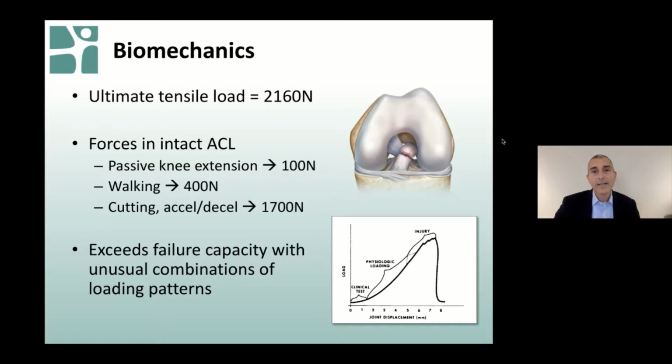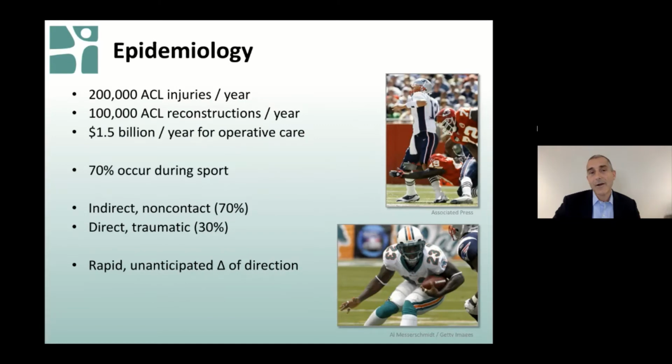But it's with cutting activities and those that require rapid acceleration and deceleration that start to stress the ACL a little bit more. Cutting and acceleration can exert about 1,700 newtons on a normal ACL. And with even more energy, the failure capacity of the ACL is exceeded. This often occurs during combined movements, and the ACL can eventually tear.